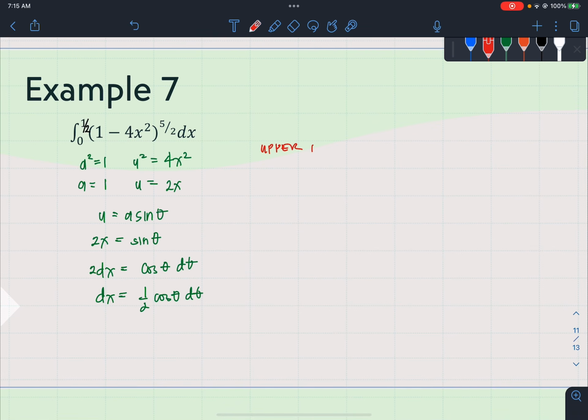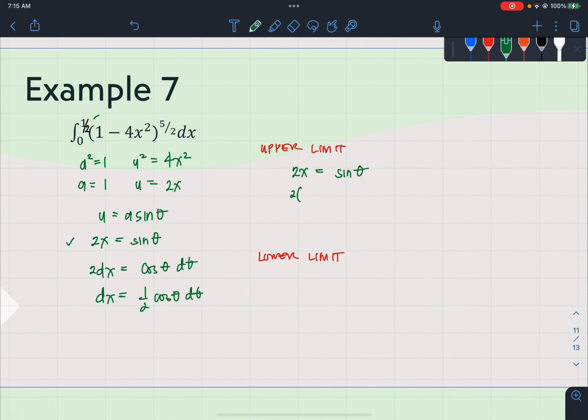For the upper limit, we can use the transformation, as well as for the lower limit. So for the upper limit, we have 2x equals sine theta. Then x is our boundary, right? In this case, our upper boundary is 1 half.